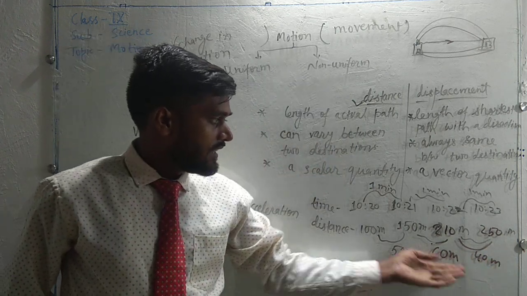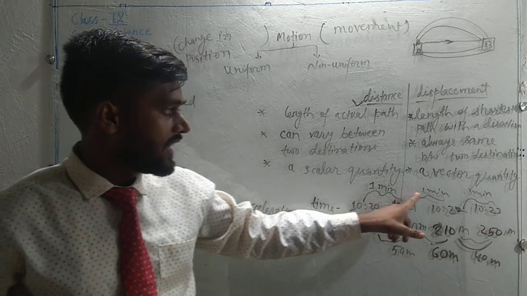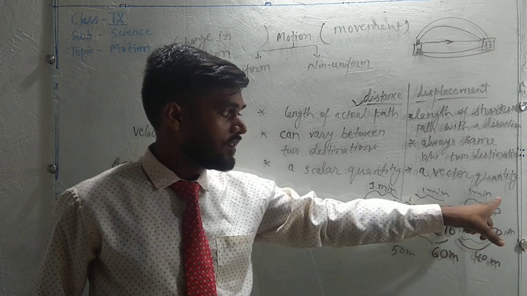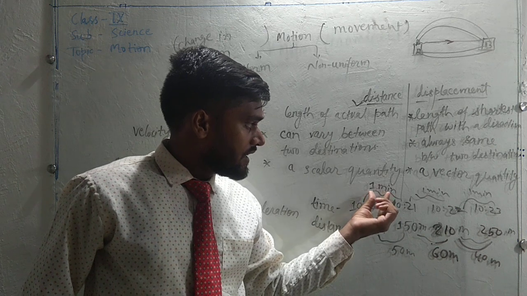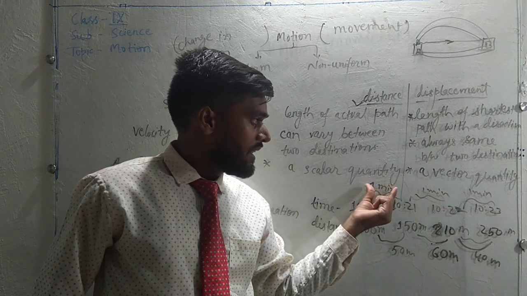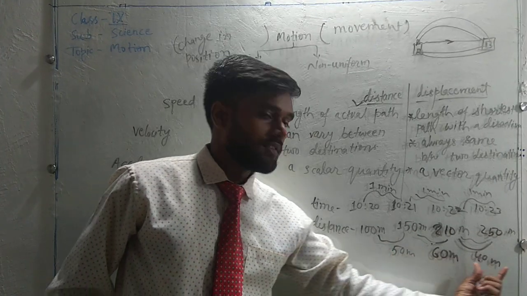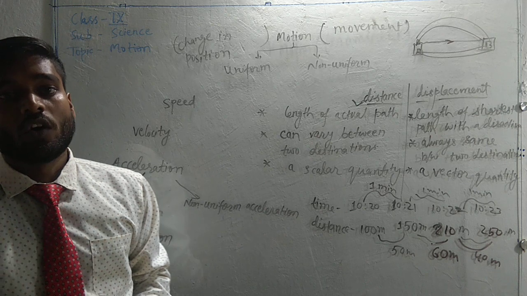Here we can observe that in the first 1 minute it has covered 50 meters, in the second 1 minute it is covering 60 meters, and in the third 1 minute it is covering only 40 meters. Means in equal intervals of time, the time interval is 1 minute only, but the distances covered are different. Such motions are called non-uniform motion.